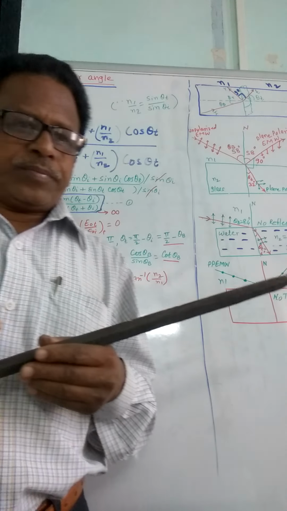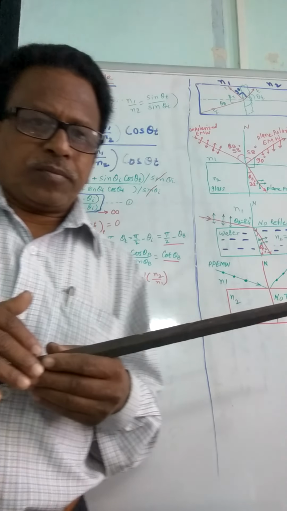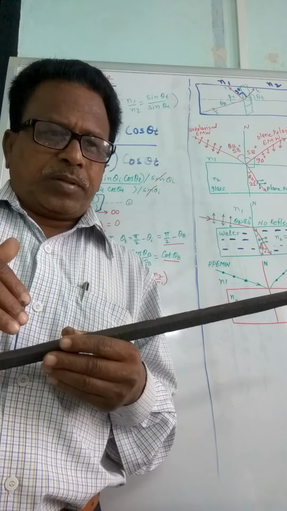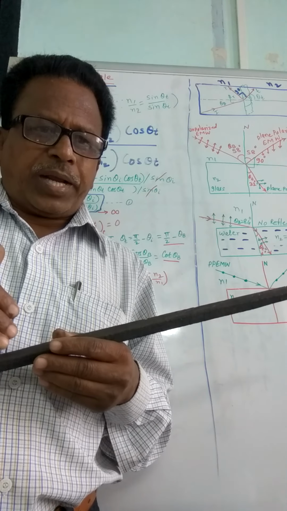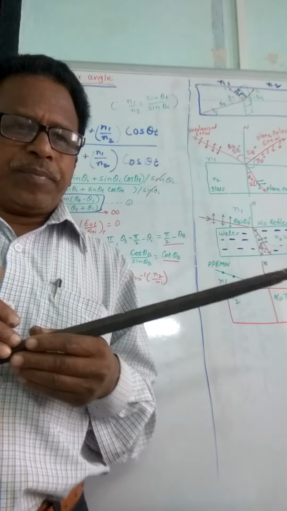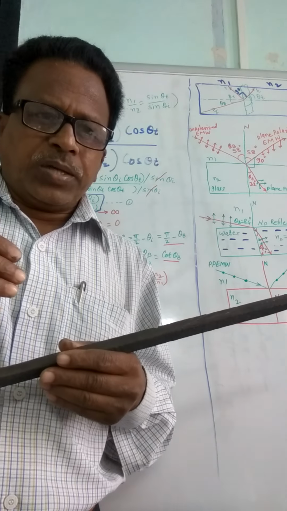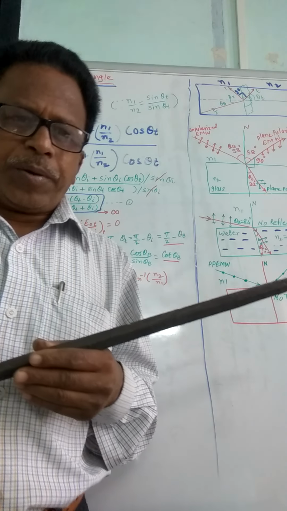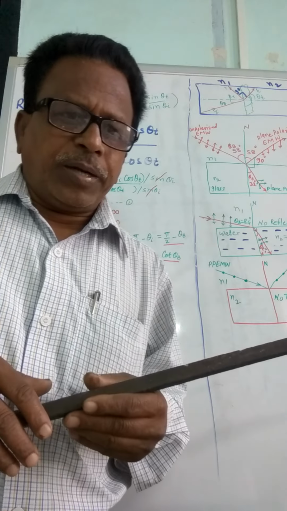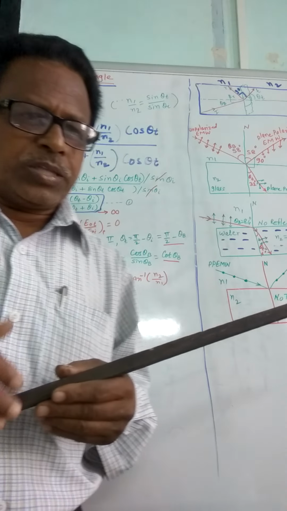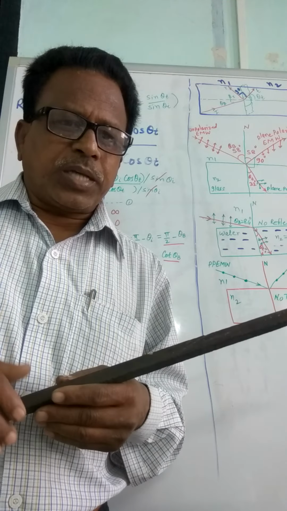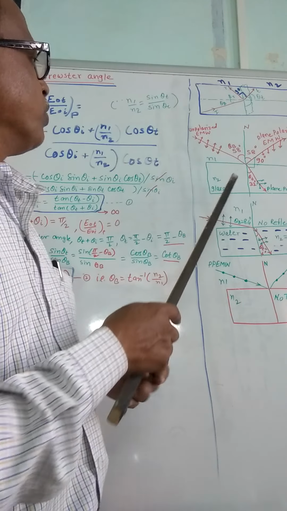Thus, if light is incident on glass at an angle of 58 degrees, the reflected light will be plane polarized with vibrations perpendicular to the plane of incidence, and the transmitted light is also plane polarized with vibrations parallel to the plane of incidence, as shown here.